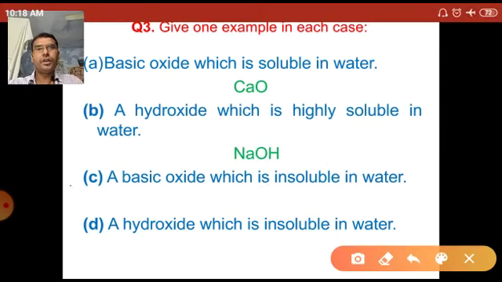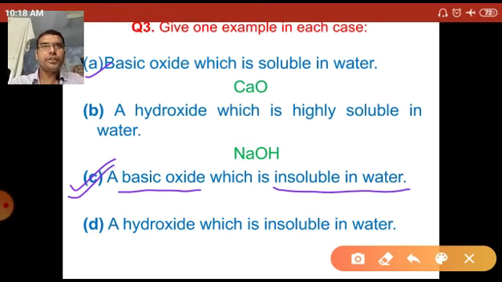Now the next question, a basic oxide which is insoluble in water, just the opposite of question A. Now here in C, the one basic oxide which is insoluble in water.